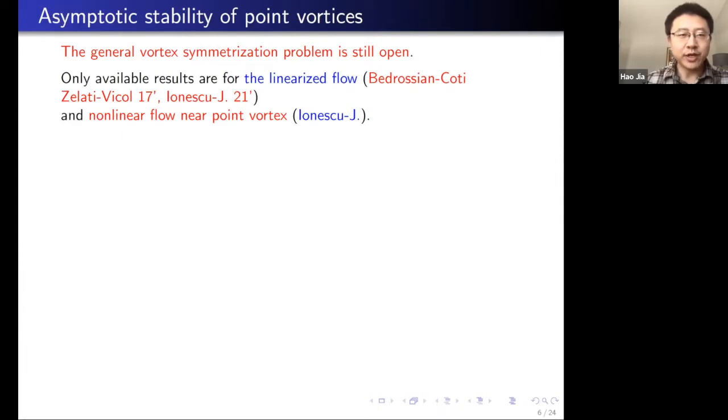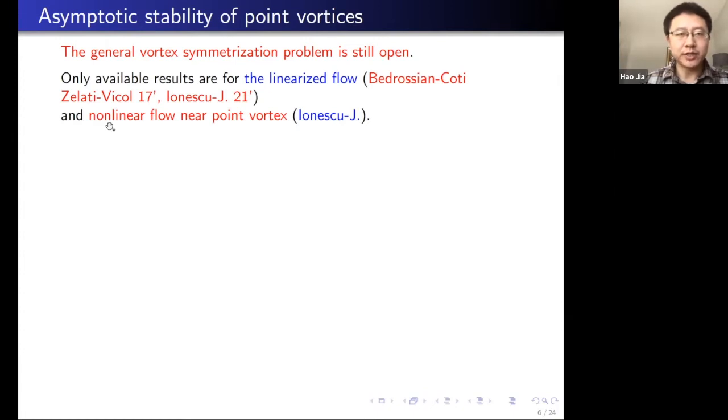The only available results are of two types. Firstly, I think we now have a really good understanding of the linearized flow, from the results by Bedrossian, Zelati, and Vicol. And then recently, Alex and I had a result on this, and we'll explain the differences between the works.